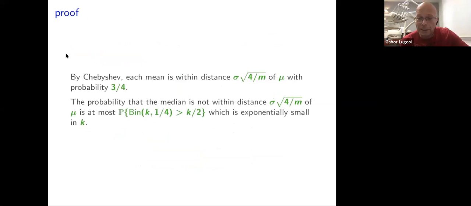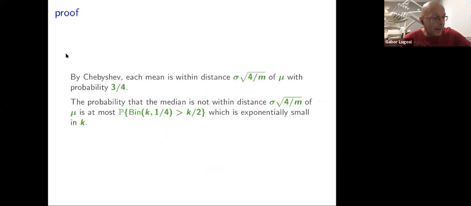Because of Chebyshev's inequality, within each block, remember, has m data points. So with probability at least 75%, within any fixed block, the estimator is within this distance of the true mean.